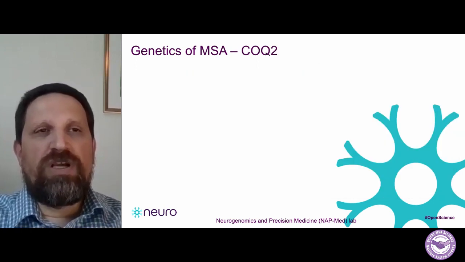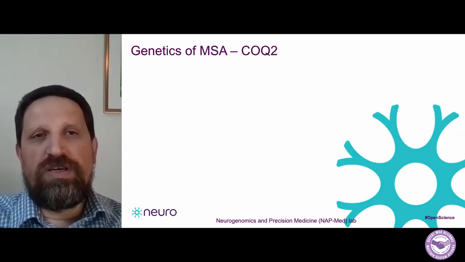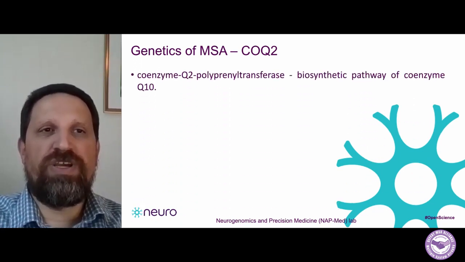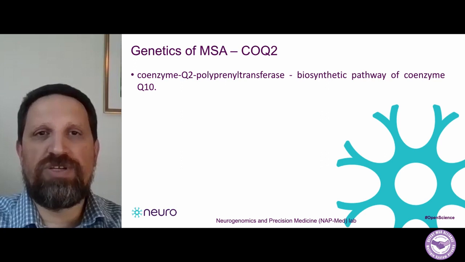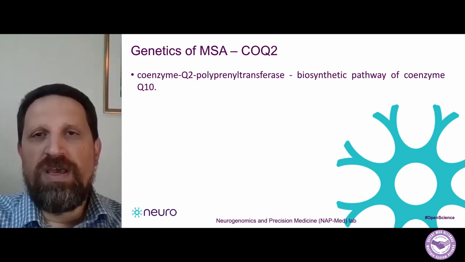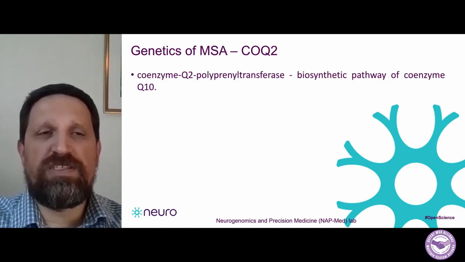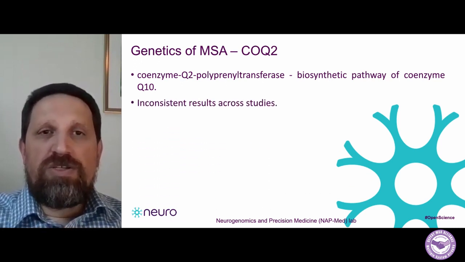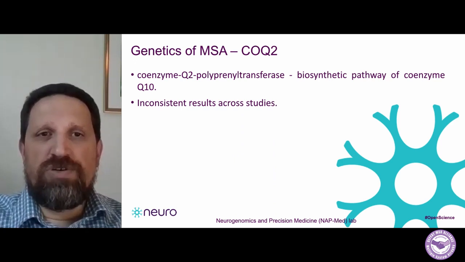The next gene I would like to talk about is called COQ2. It encodes an enzyme, coenzyme Q2 polyprenyltransferase, and it's important in the synthesis of Q10 that I'm sure you've heard about. Also for this gene, there have been some inconsistent results, so let's discuss them.